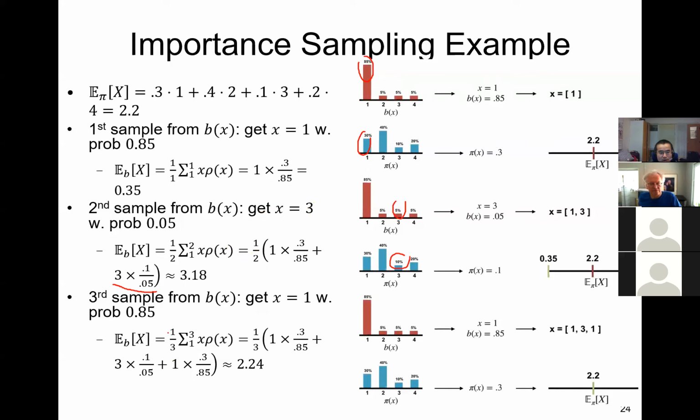And on the third draw, you get a 1 again, so you add another term here. After 3 samples, you get an estimated expectation value of 2.24, which is pretty close to the ground truth of 2.2.